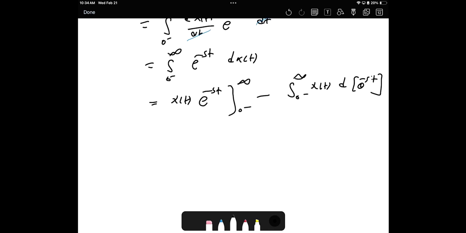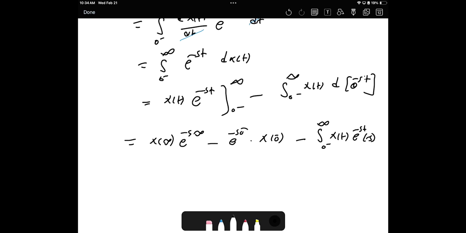Okay, then x of t e power negative st, let's substitute from 0 minus to infinity. So it will be x of infinity e power negative s infinity, minus e power negative s 0 minus times x of 0 minus, minus the integral from 0 to infinity of x of t e power negative st times negative s dt.